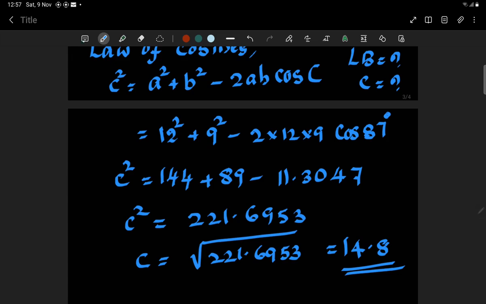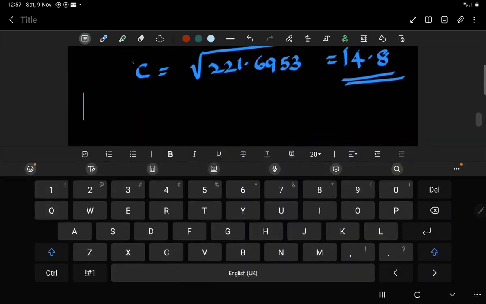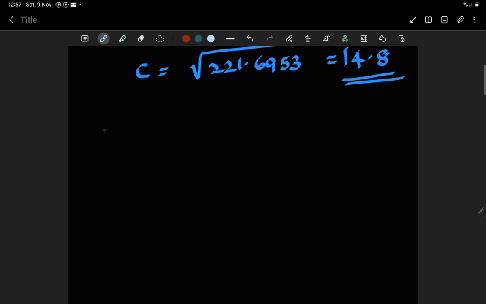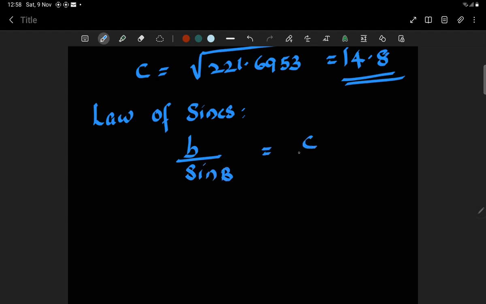Then the next step is to find the angles. We need two angles. Now we can use the law of sine easily. We need angle B. We can write b divided by sine B is equal to c divided by sine C. Substitute the given conditions. b means 9, so 9 divided by sine capital B. B we don't know.